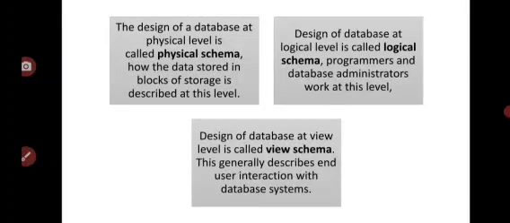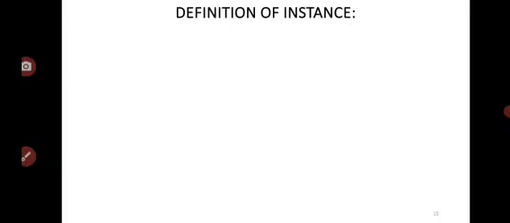The design of a database at the physical level is called a physical schema, and how the data is stored in blocks of storage is described at this level. The design of the database at the logical level is called logical schema. The programmers and database administrators work at this level. The design of the database at view level is called view schema. This generally describes the end user interactions with database systems. So that is all about the three schemas: physical, logical, and view schema.